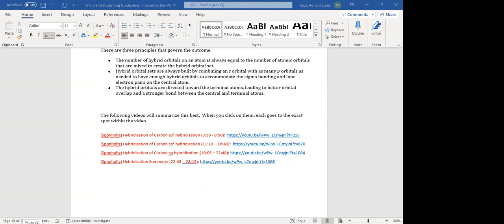Again, solid lines are in the plane of the board, shaded lobes are coming out of the plane of the board, and dashed lines are going behind the plane of the board. Each of the 2 sp hybrid orbitals contains 1 electron capable of forming a sigma bond. The sp hybridized carbon is now capable of forming 2 sigma bonds and 2 pi bonds.